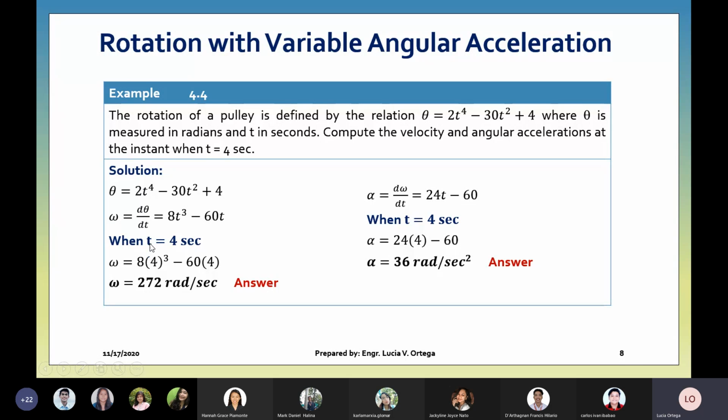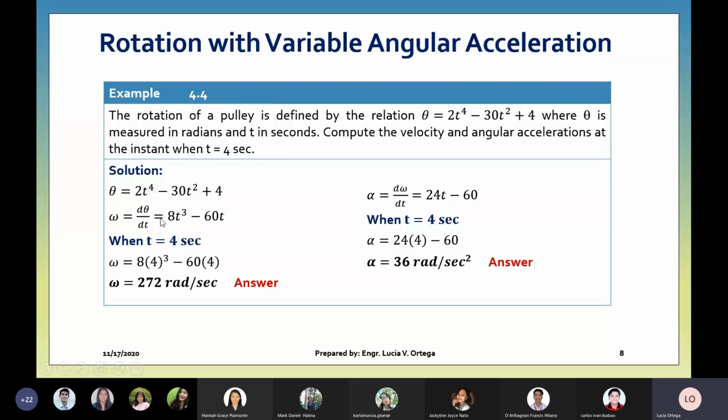Given the time t is 4 seconds, we substitute, so the angular velocity is 272 radians per second. Differentiating again, we get the angular acceleration, the derivative of the angular velocity with respect to time.